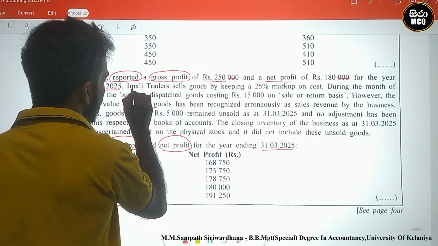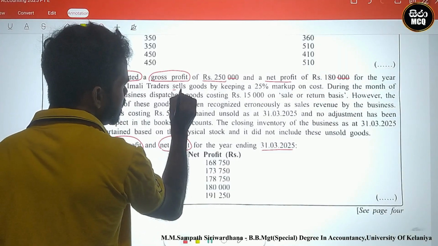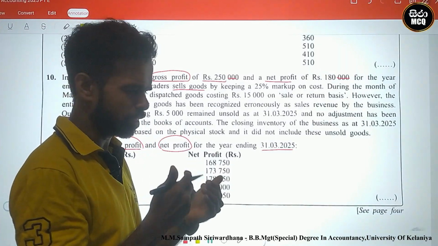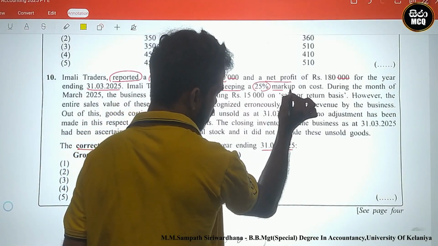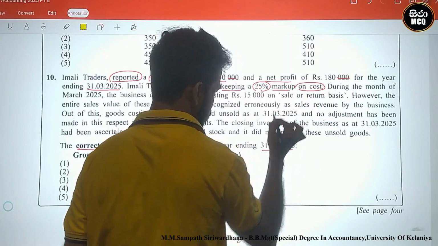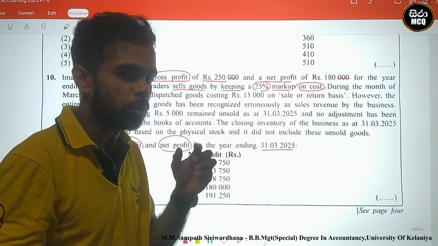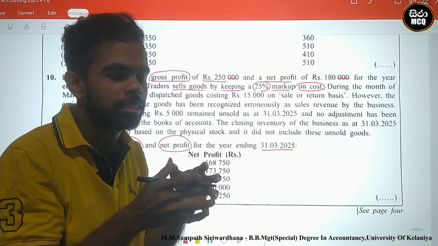Amali Traders sells goods by keeping a 25% markup on cost. The base is cost.